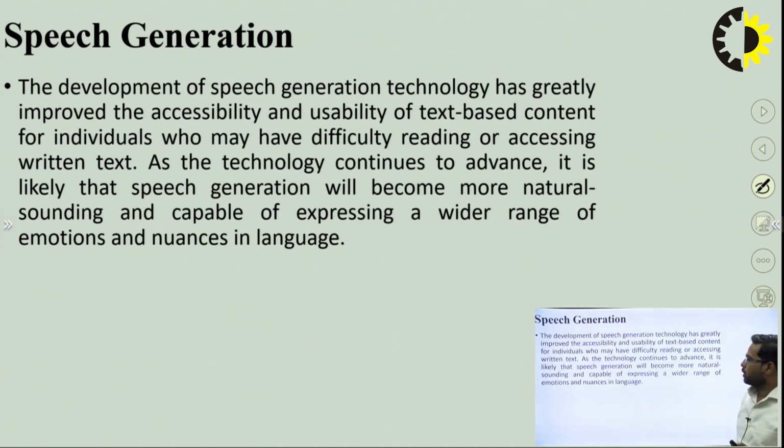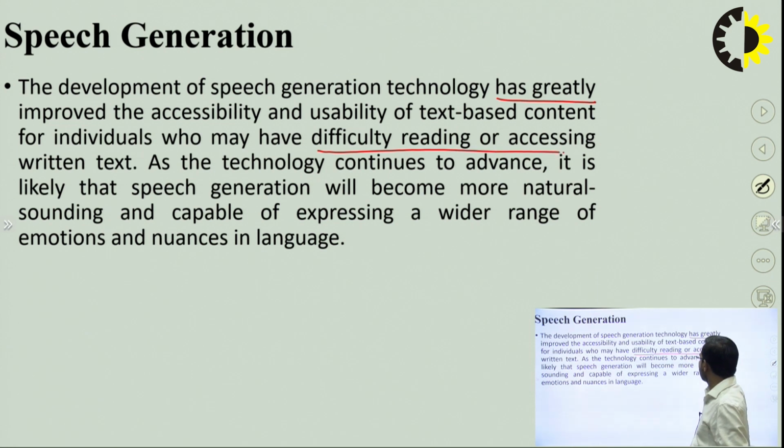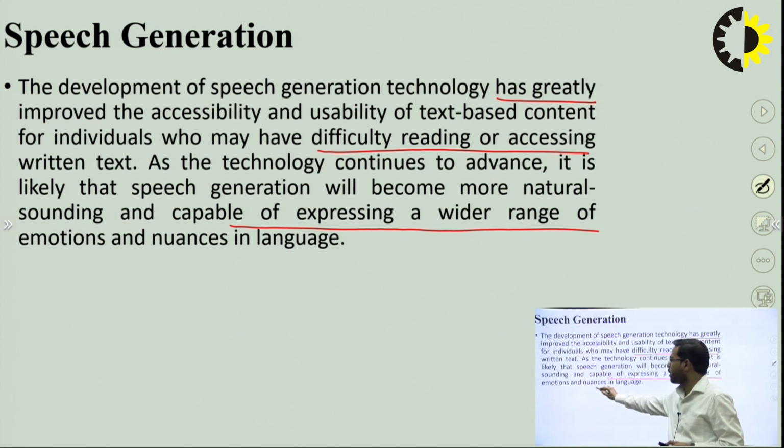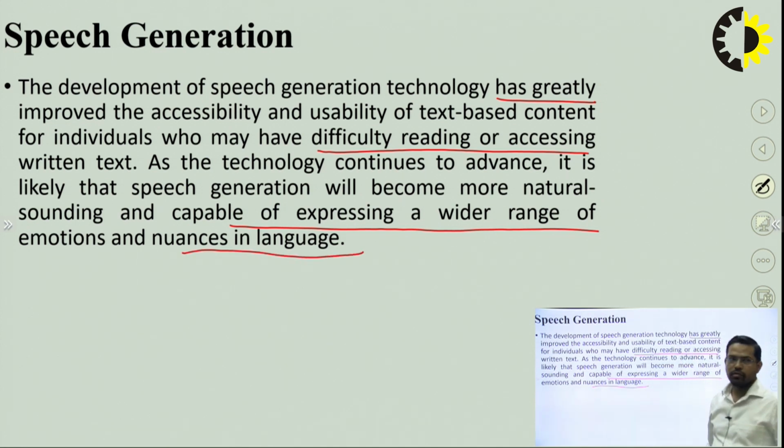So the development of speech generation technology has greatly improved the accessibility and usability of text-based content for individuals who may have difficulty reading or accessing written text. So as the technology continues to advance, it is likely that speech generation will become more natural sounding and capable of expressing a wide range of emotion and nuance in language.